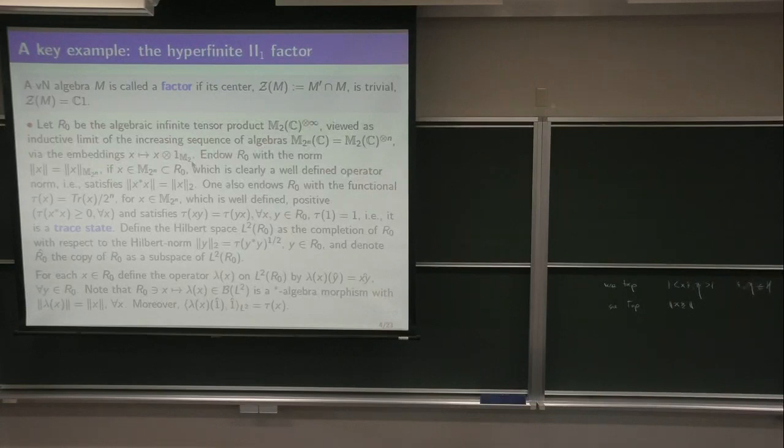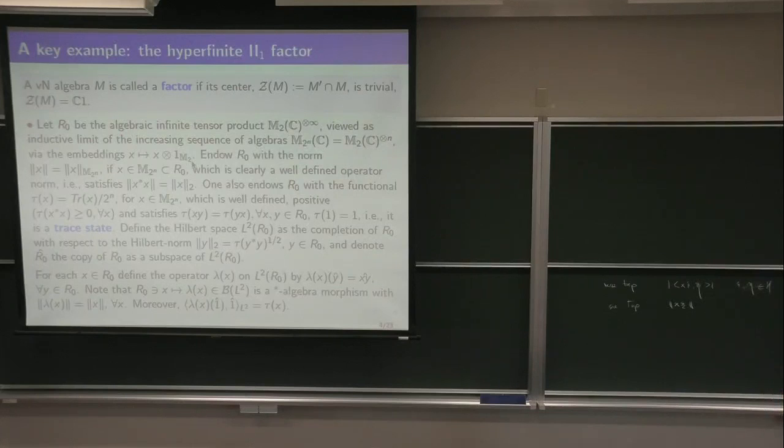It is a von Neumann algebra M whose center, the set of elements in M that commute with all elements in M, written M prime intersected with M, is trivial. By that I mean that it's just the scalar multiples of 1.